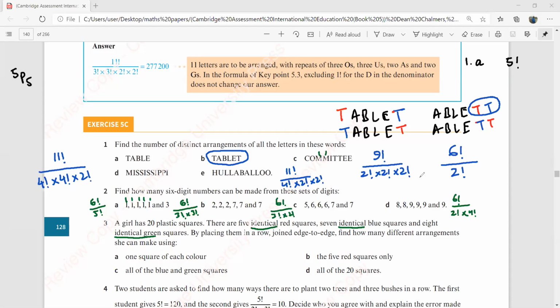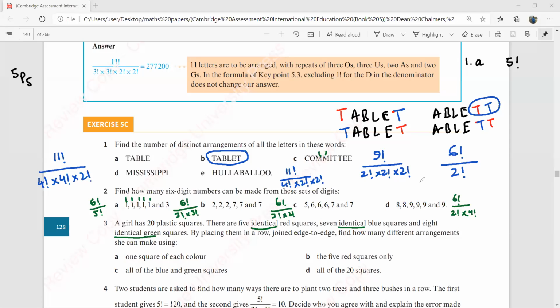Okay, Samiha, beta, any idea if she is going to use one square of each color? So how many different arrangements she can have? 5P1 into 7P1 into 8P1. Okay.